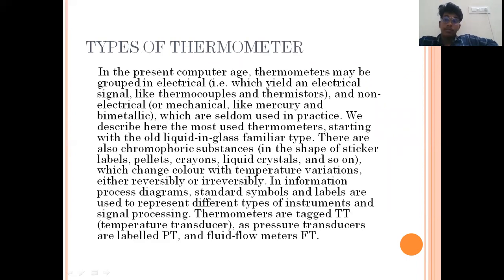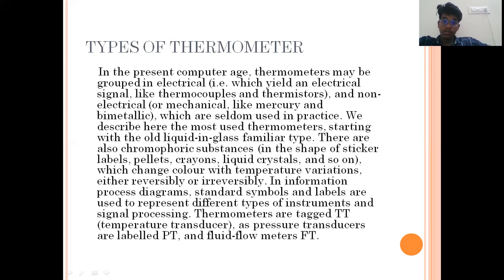So we have many types of thermometers: thermocouple, RTD, and also IC thermometer, etc. In the present computer age, thermometers may be grouped into electrical and non-electrical, which are seldom used in practice.